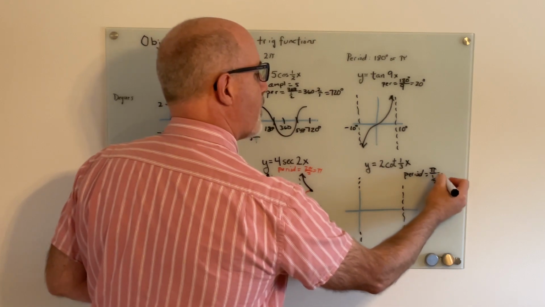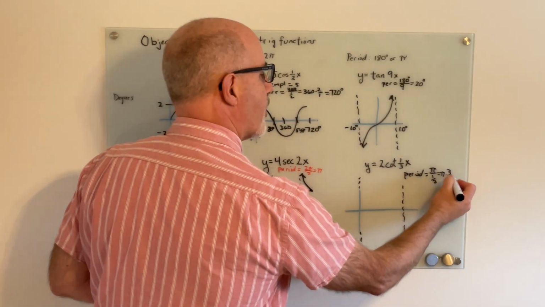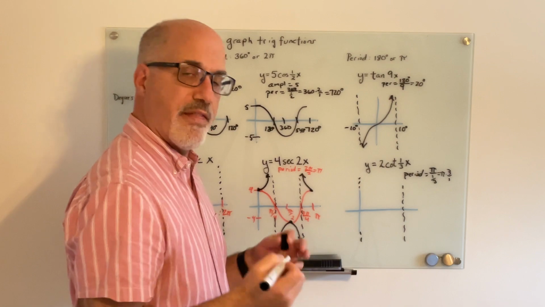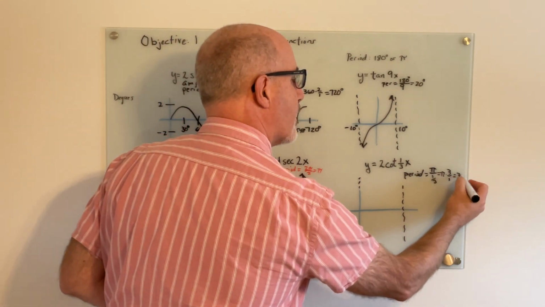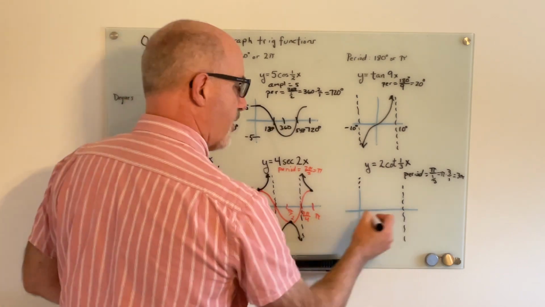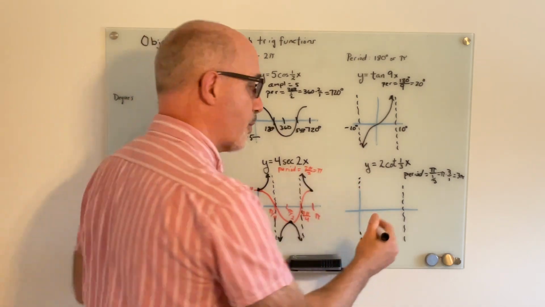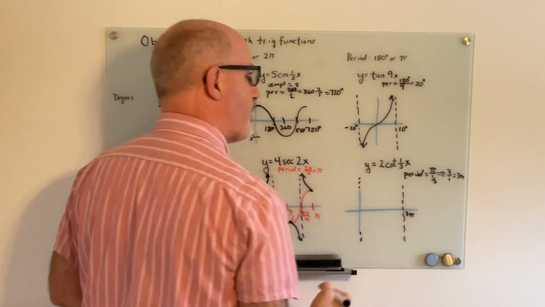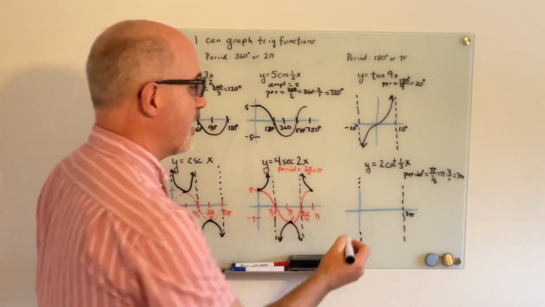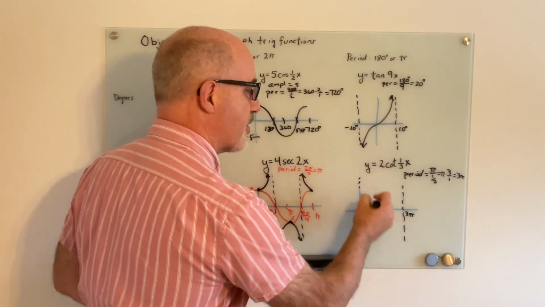Let's go ahead and multiply pi times the reciprocal, 3 over 1, and then we get 3 pi as our period. Now, since we start at 0 for this one, we go all the way out to 3 pi for a period.